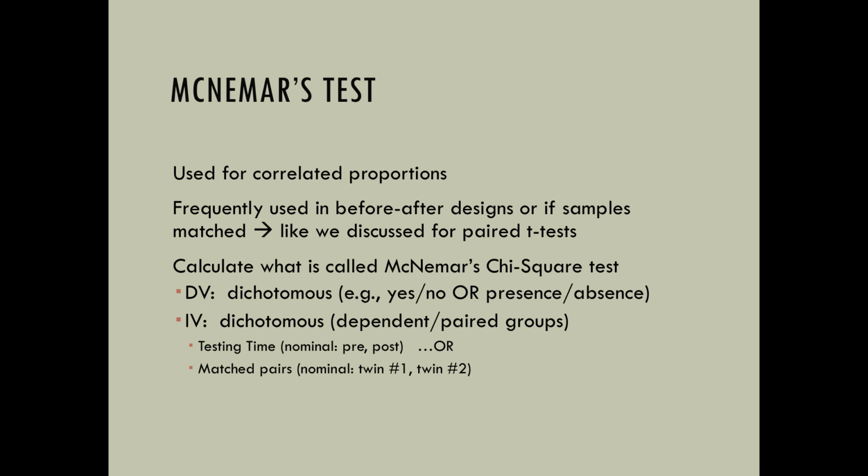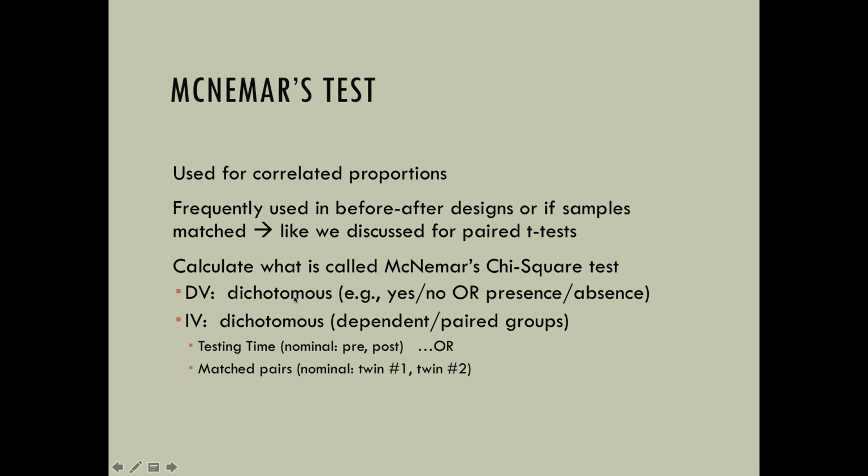Next is McNemar's test. So this is very similar to chi-square. The only difference here is that the people in the sample are usually the same, and you have a before and after design. So it's kind of like that paired t-test where you're measuring people before a program and after.